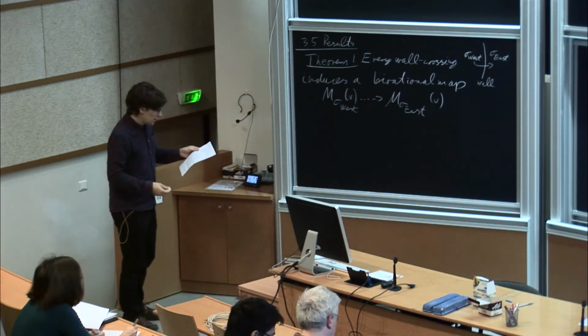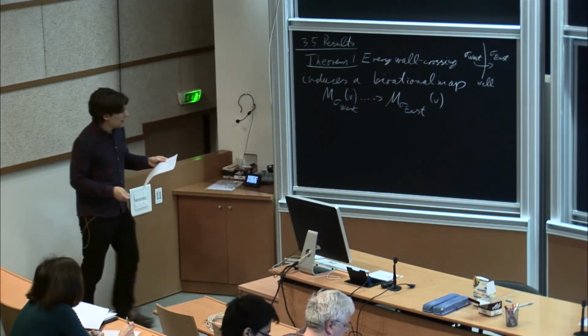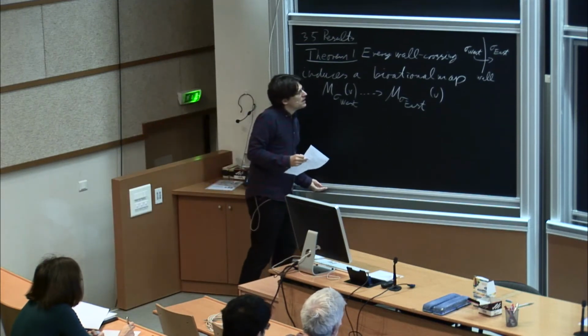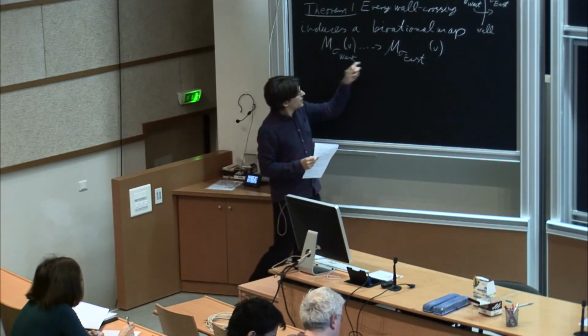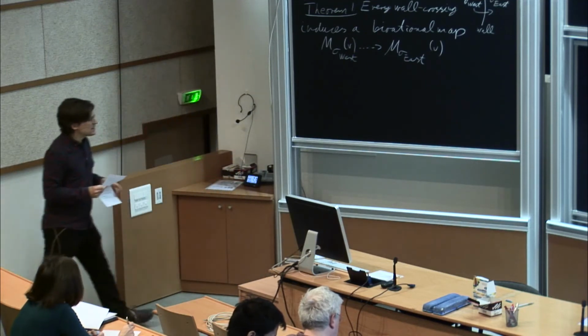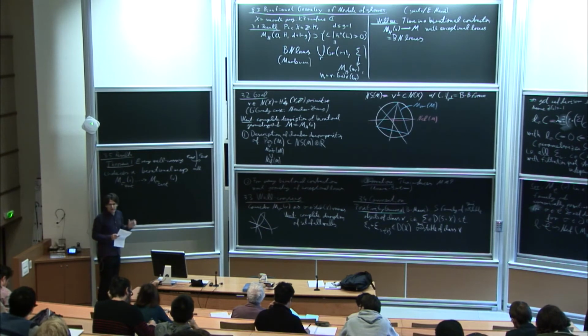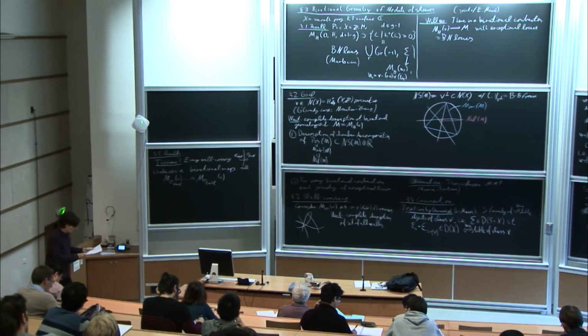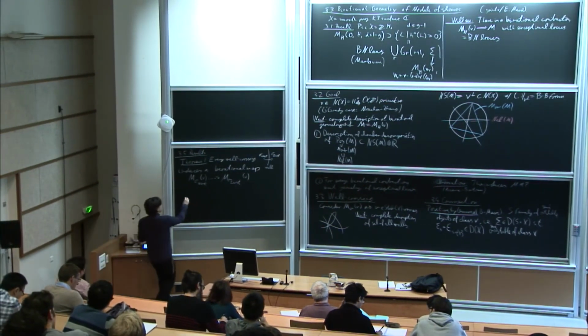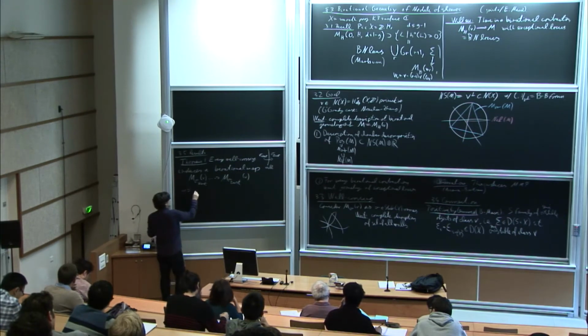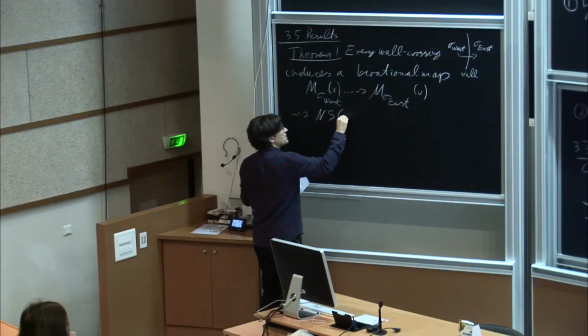And these are all holomorphic symplectic varieties. So in particular, this birational map cannot contract or extract any divisors. And so in particular, this means that I can canonically identify the Néron-Severi groups.